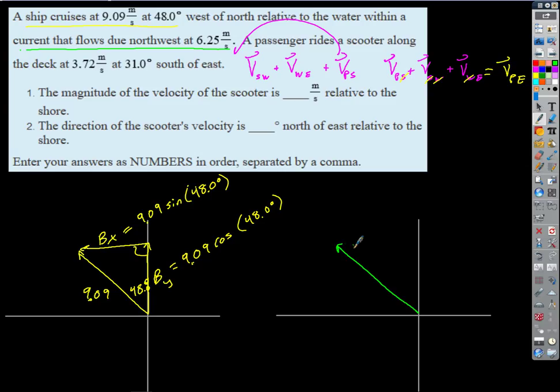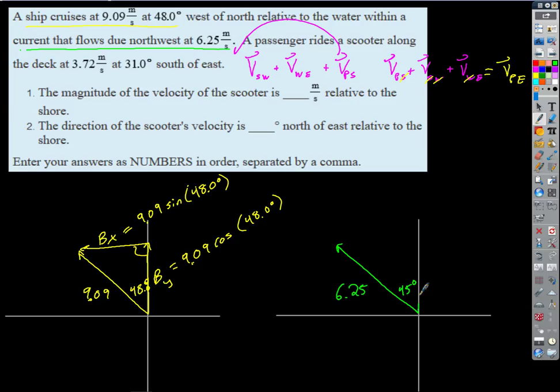It doesn't really matter which one we choose to be 45 this time, does it? You can pick which angle you want. If it's northwest, that's 45 and that's 45. Which one do you want, Mark? The up one? The same one, yeah. Okay, same one will do. So there's our 45-degree angle. The magnitude is 6.25.